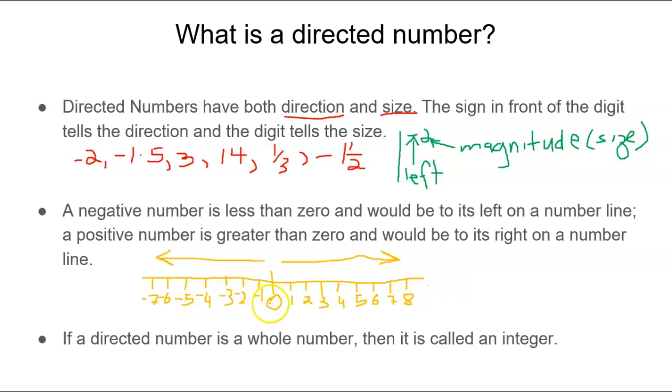So negative numbers to the left of 0, positive numbers to the right of 0.